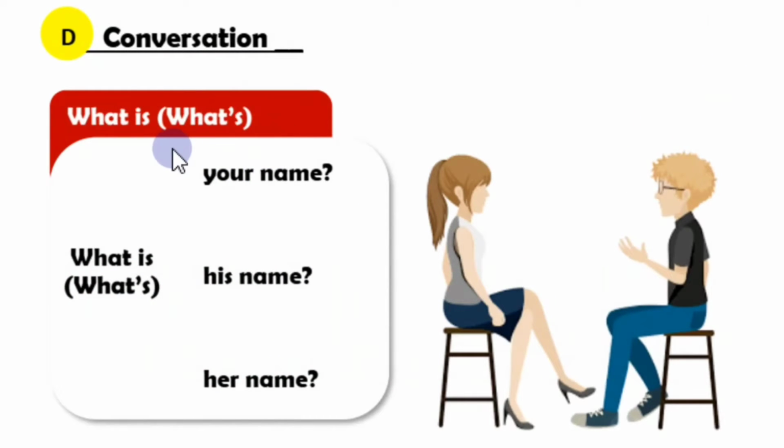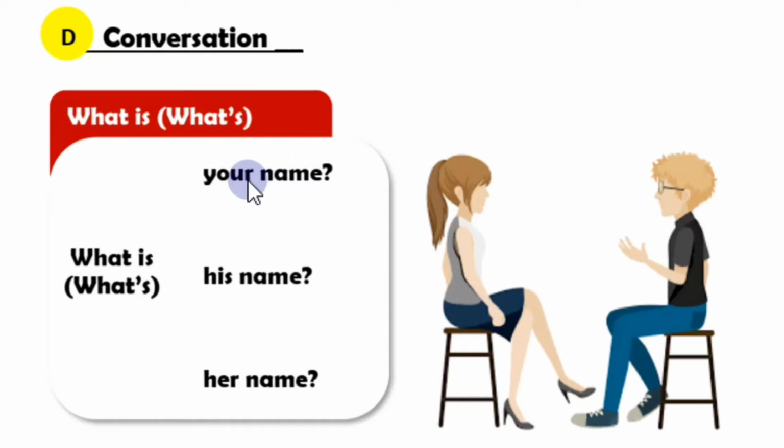Again, what is or what's? What is is the formal form, and the contraction is what's. In conversation, in spoken English, it becomes what's. What's your name?